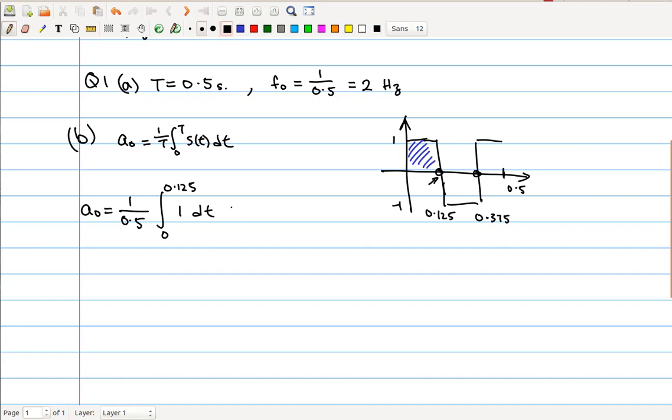Next, let's keep going. We want to integrate over this region now. Okay, I'll shade it in red. So what should the lower limit be? It should be 0.125, and the upper limit would be 0.375. And the amplitude of this is -1 dt.